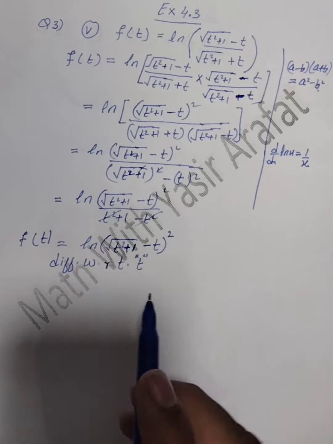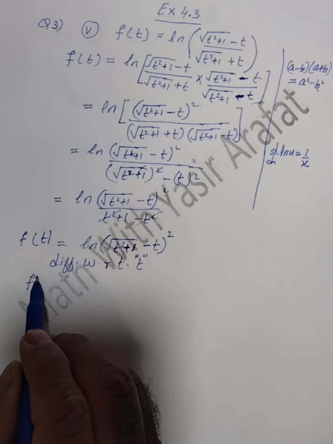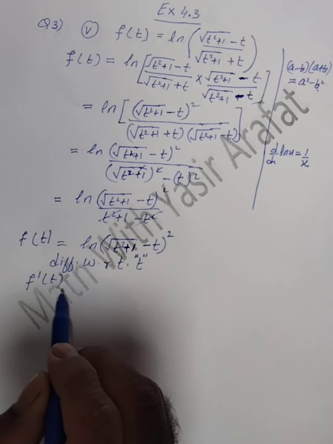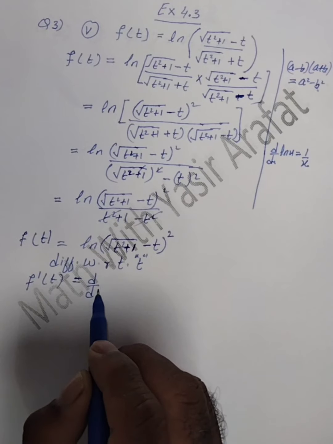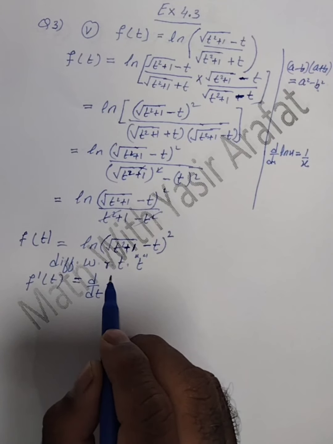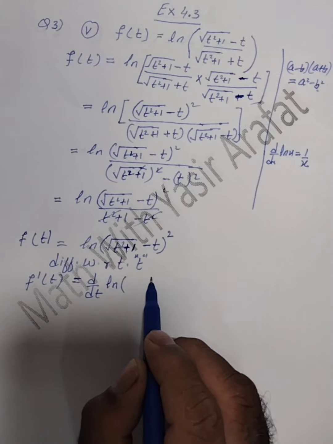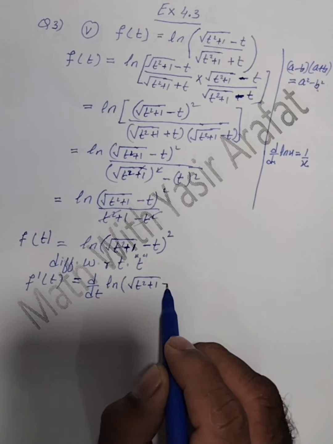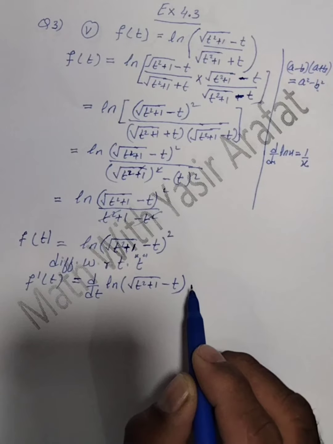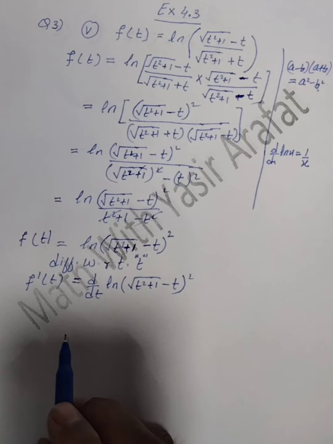First we apply the operator: d over dt of ln of (radical t square plus 1 minus t) to the whole square.